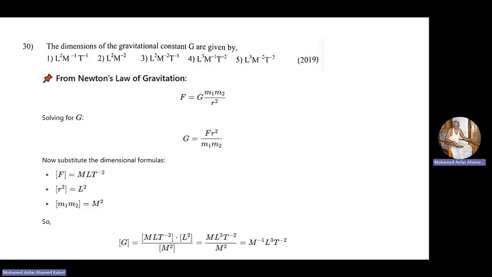Question number 30. The dimensions of the gravitational constant G are given by.